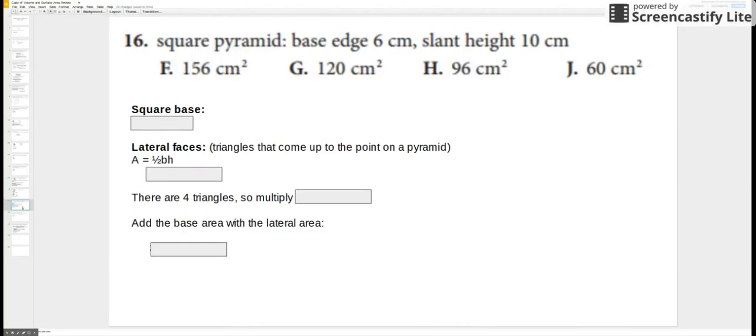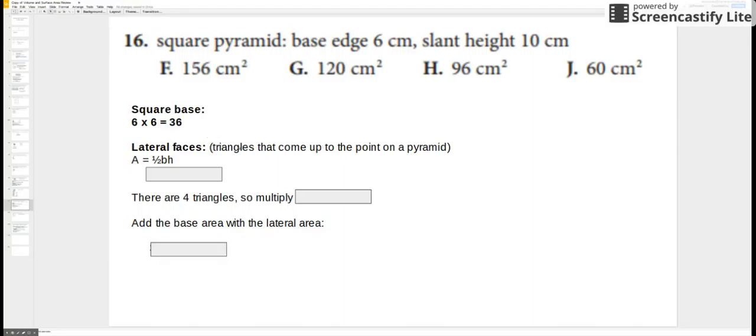Okay, number 16, find the surface area of the square pyramid. Your base edge is 6 centimeters and your slant height is 10 centimeters. This is a square and your edge is 6, so let's find the area of your base. The area of the square is 6 times 6, which gets you 36.